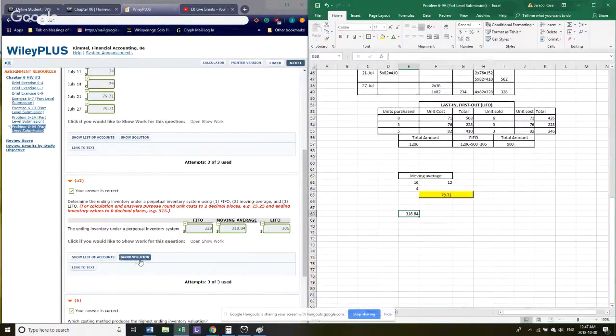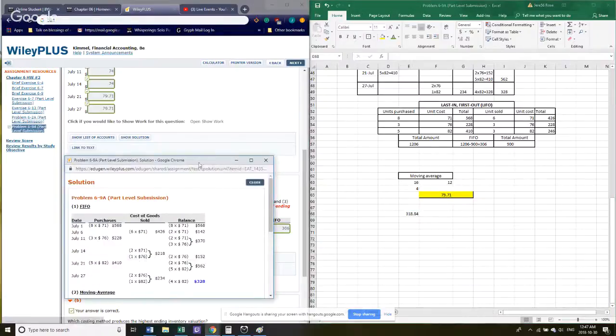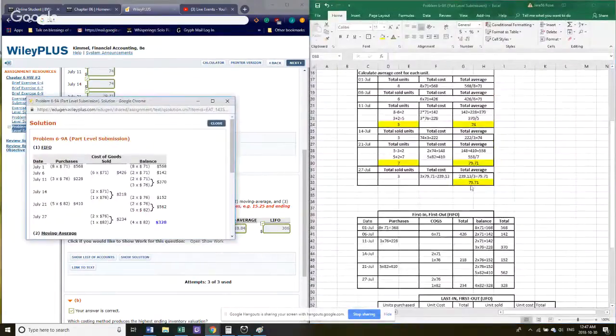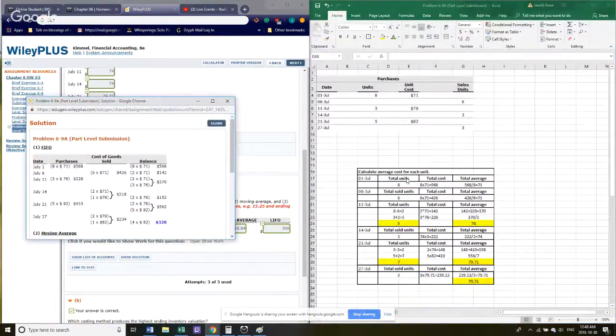If you look here, you can go to show the solution, and it gives you a little bit more in-depth explanation of how they got that. But this is pretty much the same thing that I did right here when I was showing calculating the average cost for each unit.